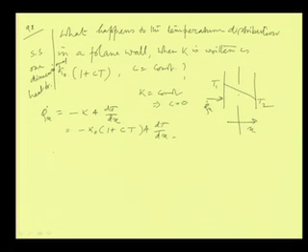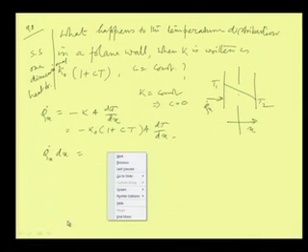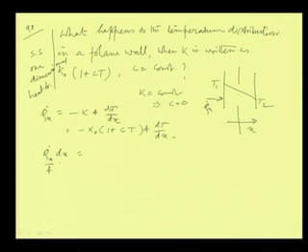Based on that, we can now do the integration. Q dot by K naught A into dx will be equal to the integral of 1 plus C T into dT.